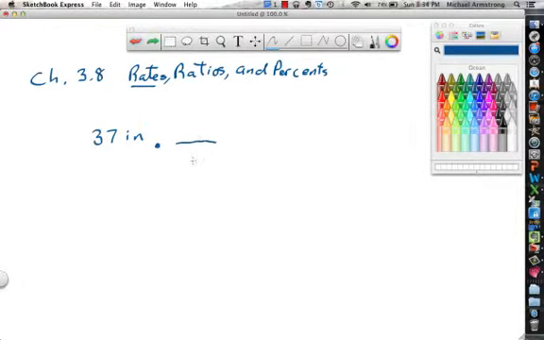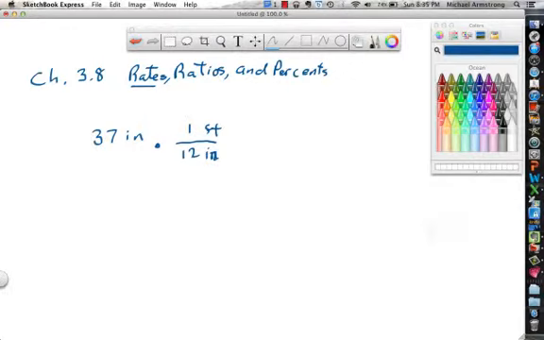We're going to multiply it by 1. We're going to make sure we multiply it by a factor that we can get what we want. We're changing it to feet, so we're going to multiply it by the number of inches in a foot. And so that's 12. 1 foot is 12 inches.